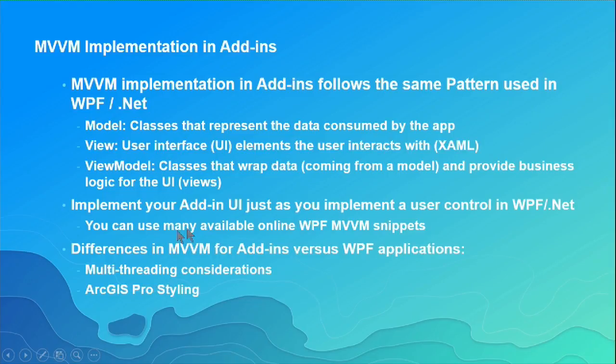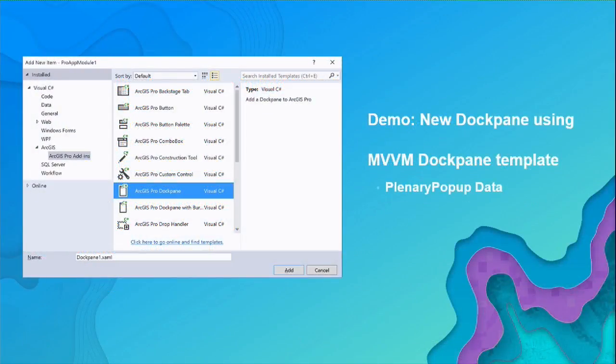I've done that plenty of times. The differences in MVVM for add-ins versus standard WPF applications is you've got to consider the multi-threading in add-ins, and also the ArcGIS Pro styling, and we're going to see that in the sample.